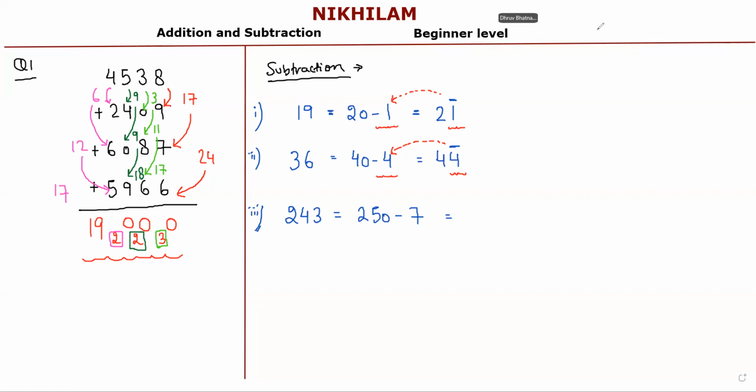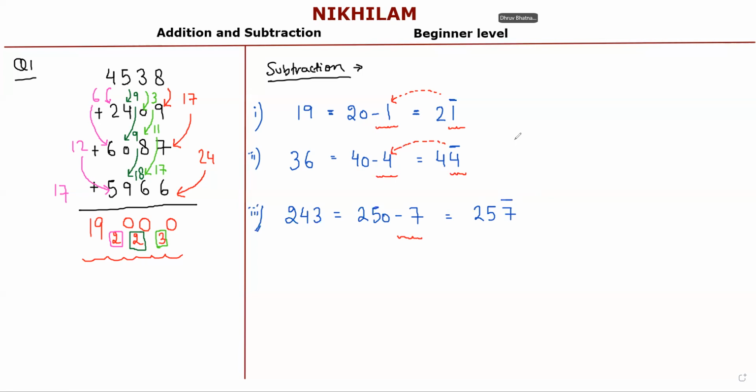The negative number is minus 7. So you will write this thing in terms of a bar, like in this manner, that it is 2, 5, and then 7, and bar over 7. Getting this?